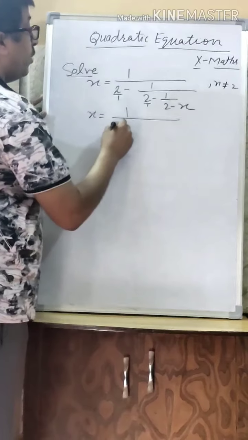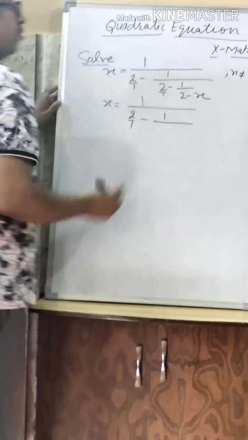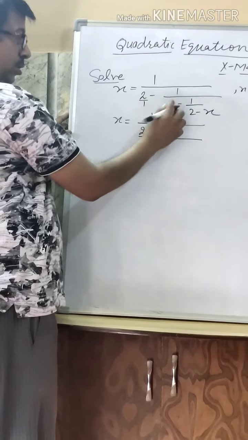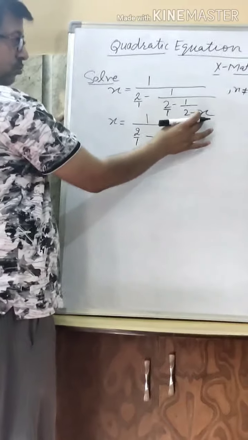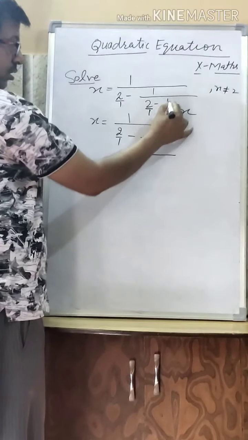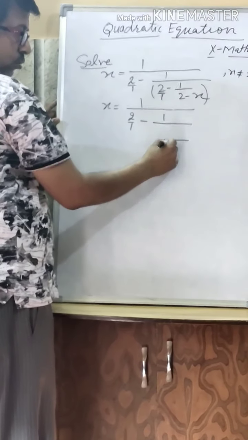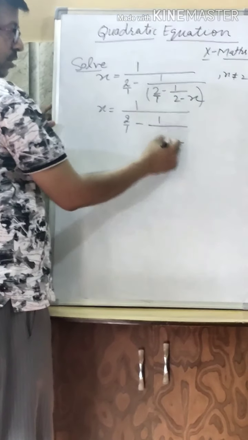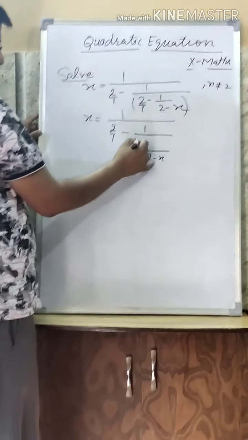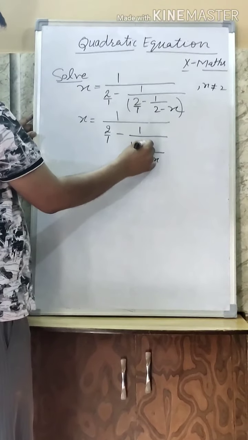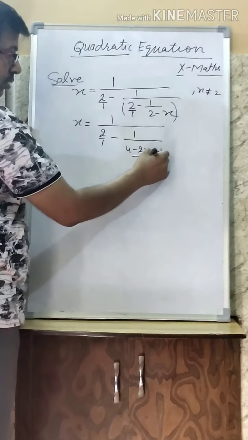So 2 by 1 minus 1 upon... what is the LCM of this? LCM of these two numbers you have to simplify. So its LCM is 2 minus x, and 2 into this, 4 minus 2x, minus 1.